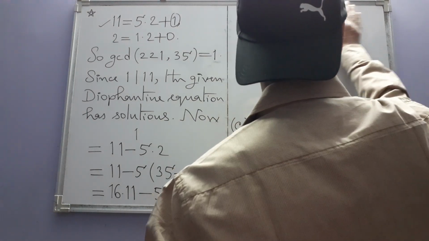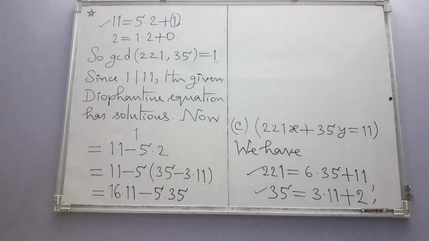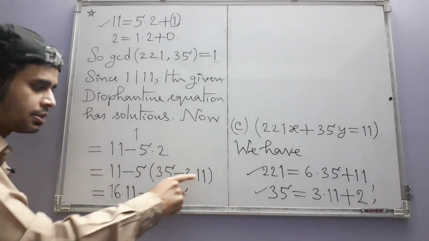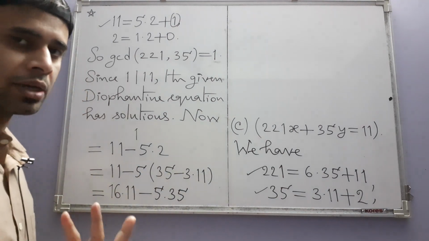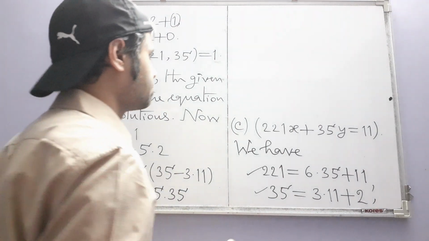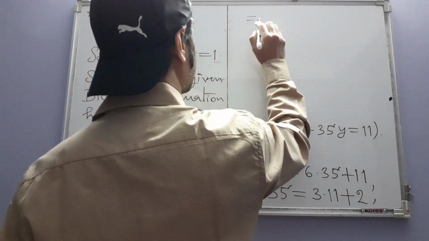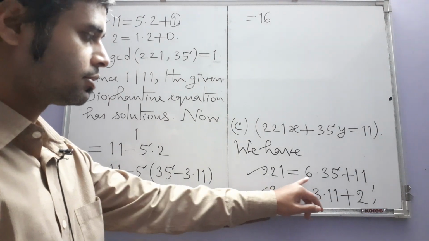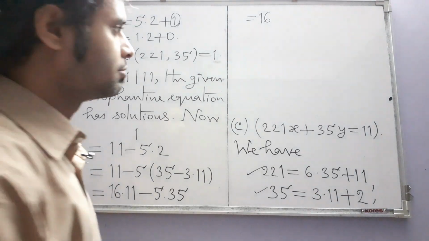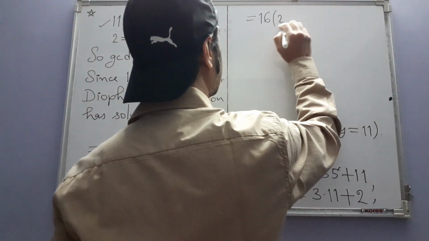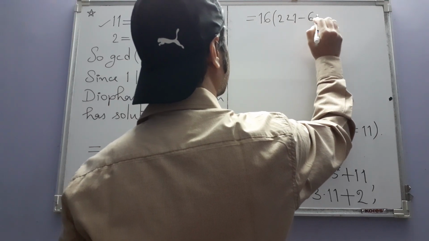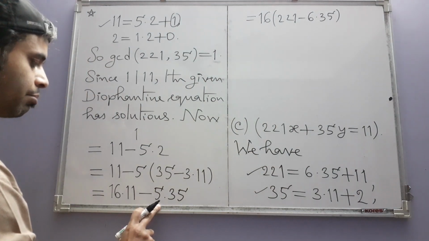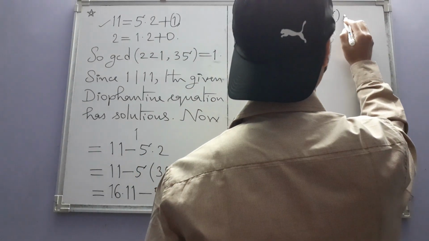If you want, you can use this equation here itself in 2 places, here as well as here, but that will only make matters worse. So now 16 times, in place of 11 we are going to write 221 minus 6 times 35, and we already have minus 5 times 35.